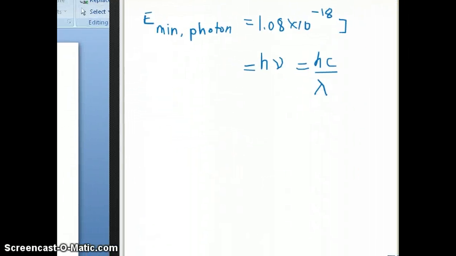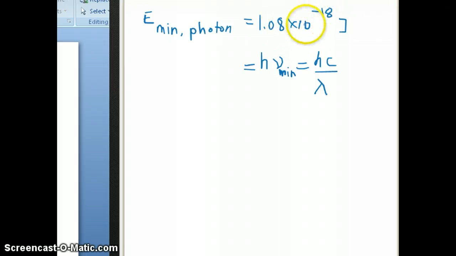We go back to that question. So now I want to talk to you a little bit about doing some reasoning here. If this quantity that we just calculated is the minimum energy of the photon, that means that it's equal to h nu. H is a constant. That means there is a minimum frequency that we must have in order to get this number.